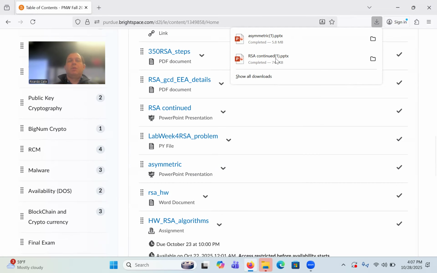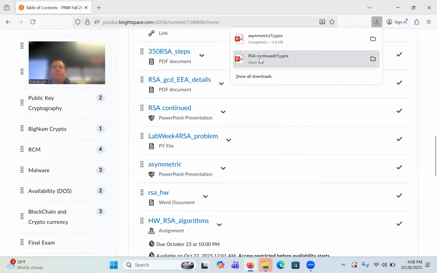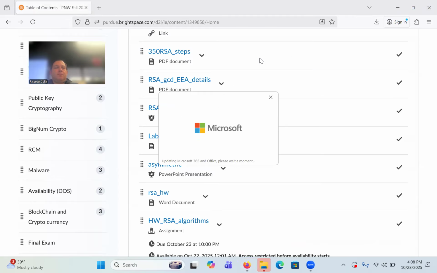All right, so I believe it's this one first. Let's start with that one. I don't know what that is. What is that? Try that again. Oh, it's doing an update. This looks different, right, from what I use.